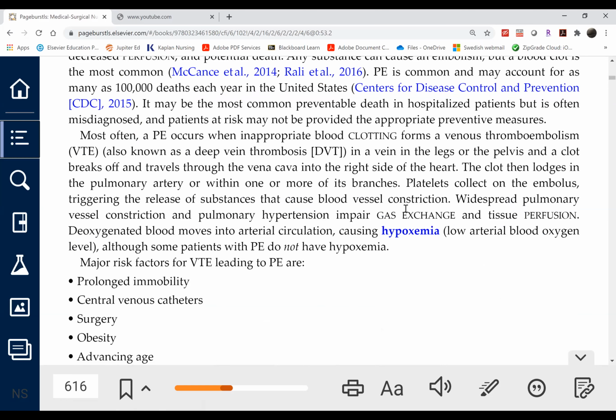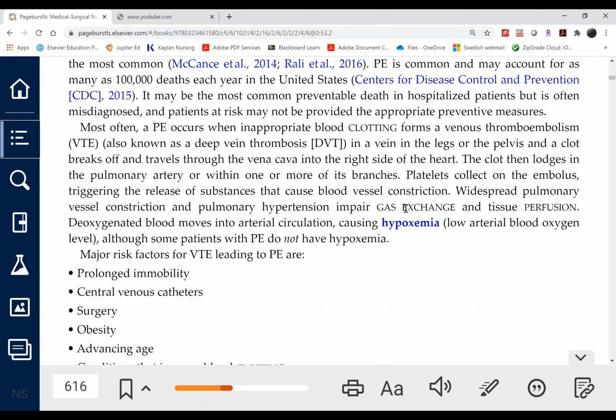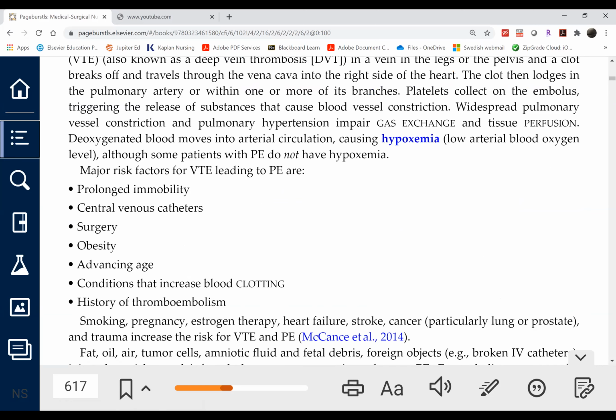So let's review Virchow's triad. There were 3, correct? In chapter 36.